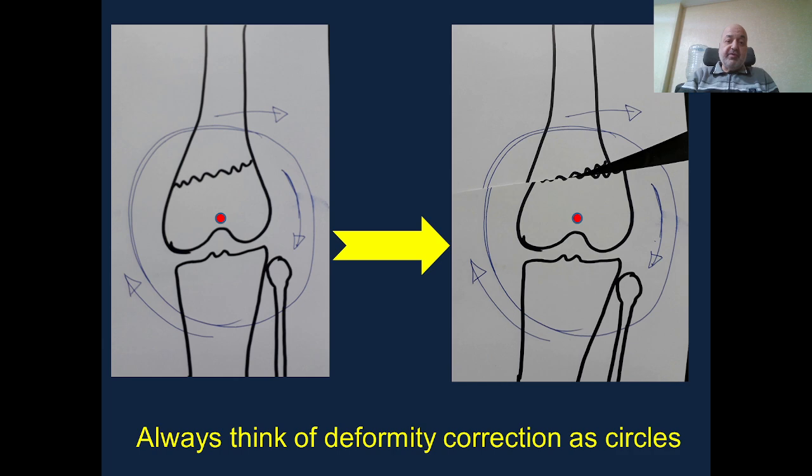So how do we detect the direction of rotation of the distal fragment? Always think of deformity correction as a circle. The center of the circle is the CORA, which is the center of rotation of the angulation. So we rotate the distal fragment around the center of this circle.